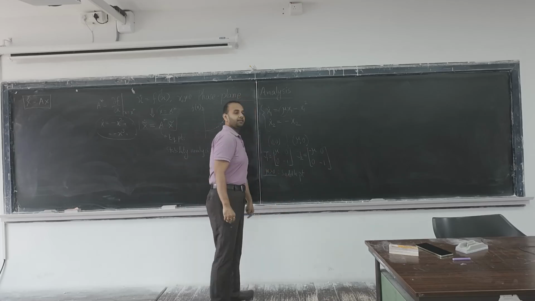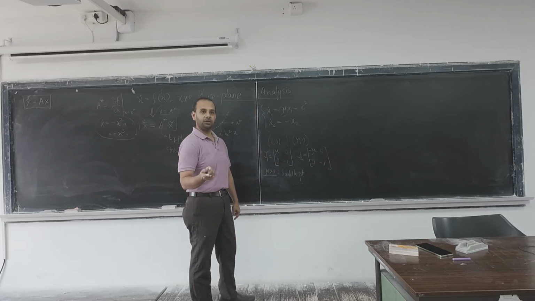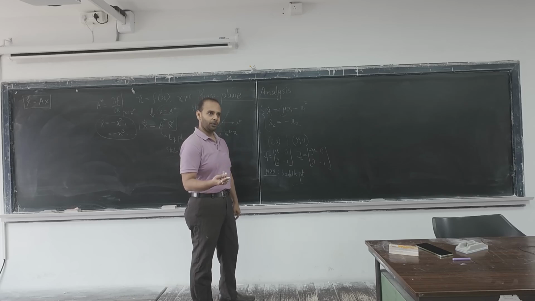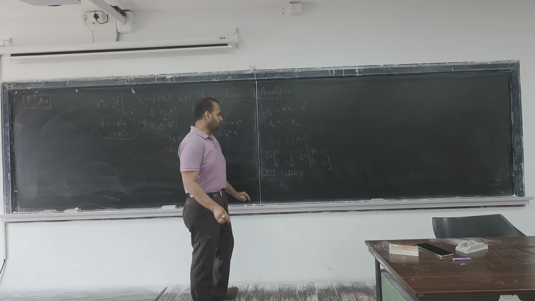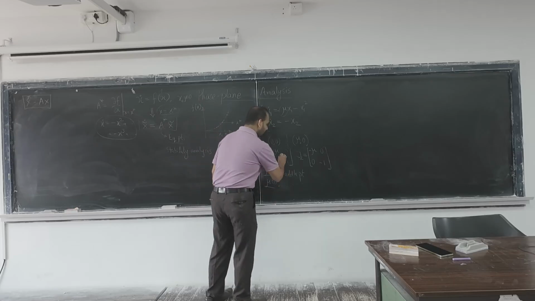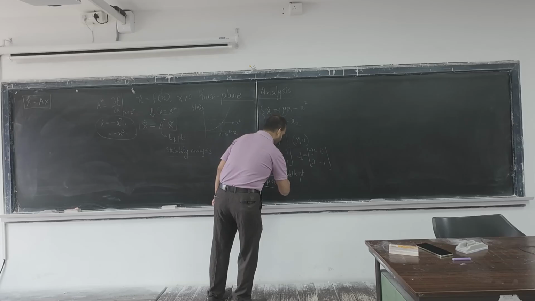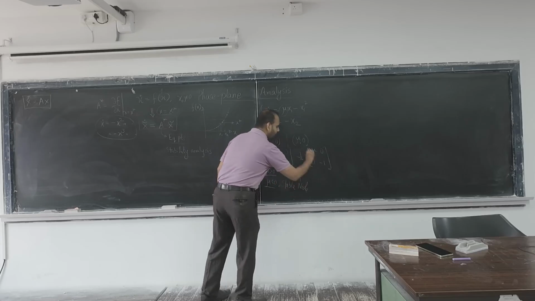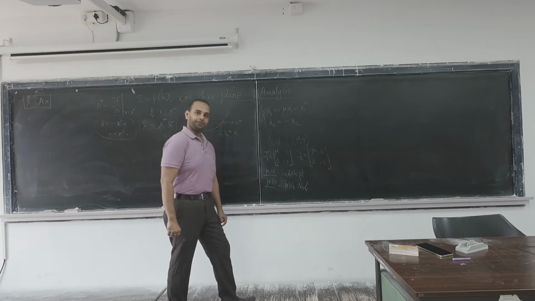Saddle point means that if one of the eigenvalues is positive, another one is negative, but none of them is 0. In that case it is a saddle point, but the nature is unstable, okay? But for mu less than 0, what will happen? It will be a stable node. Stable node we have learned already, right?